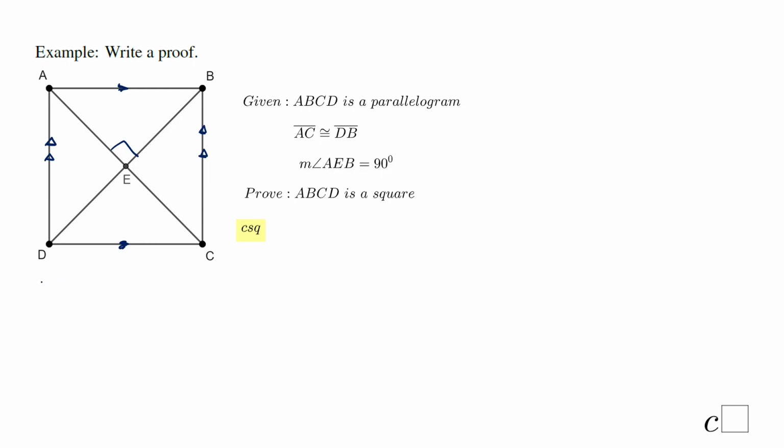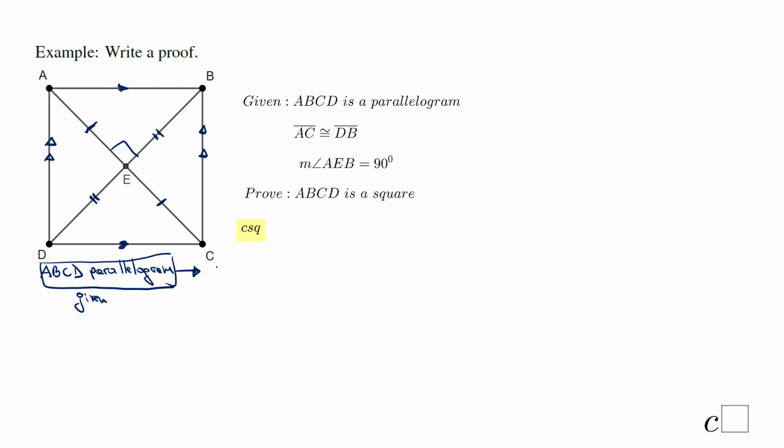So let's start from the fact that we have a parallelogram. And this is given to us, right? Based on this given statement, what do we know about the diagonals of a parallelogram? They bisect each other. You notice here I marked them differently because I don't know if they are equal yet.